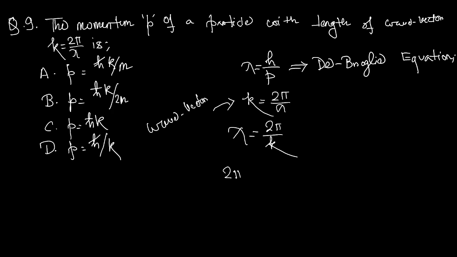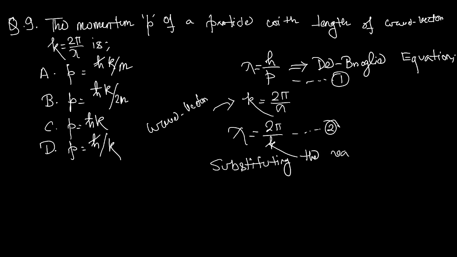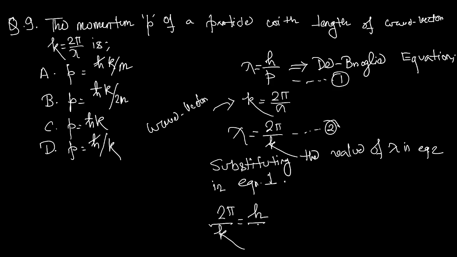Now if we substitute this value, if it is equation number 1, so substituting the value of lambda from equation 2 in equation 1, then p by k is equal to h by 2 pi.